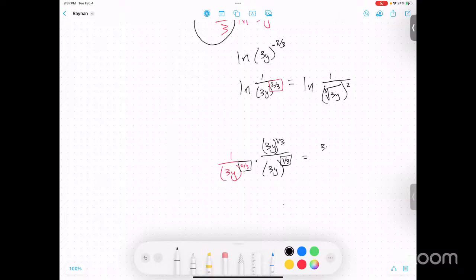So that would give you 3y to the 1/3 power on the top. And on the bottom, you would just have 3y. Do you get what I did there?